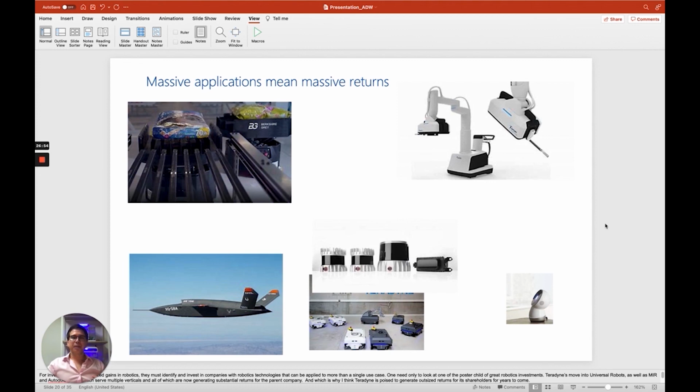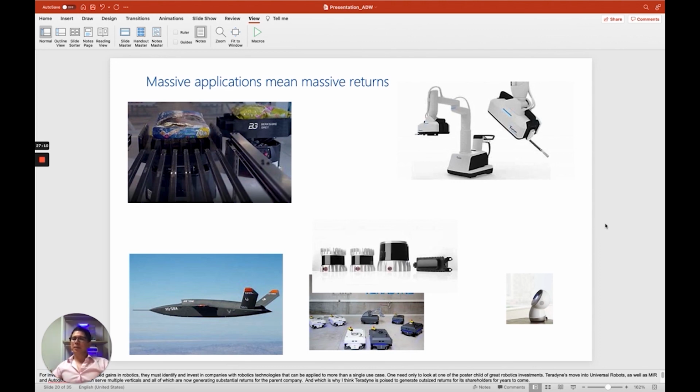And I think Titan Medical, with a partnership with Medtronic, will help to create more applications for these robots, generating massive returns for the investors.